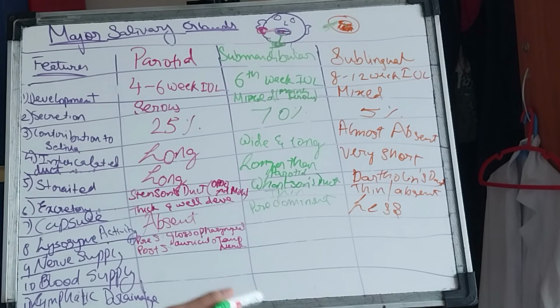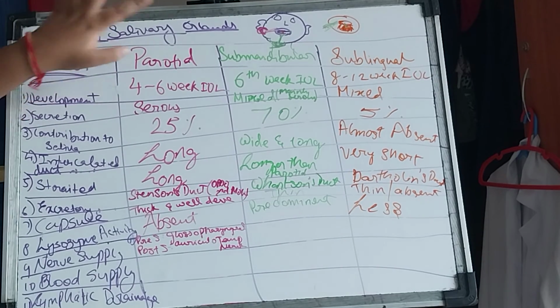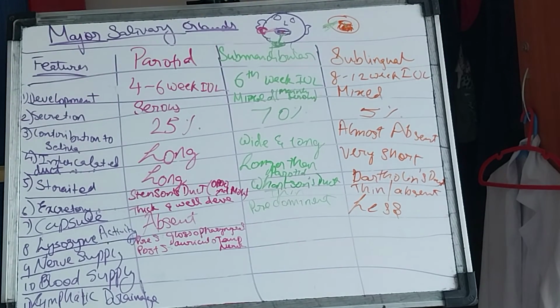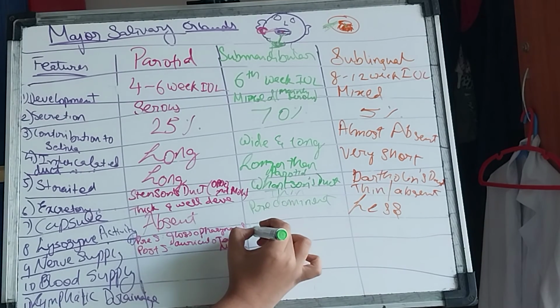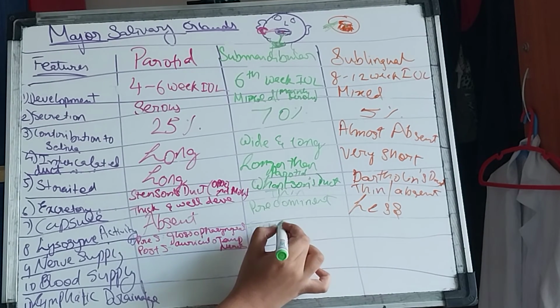But for the submandibular and sublingual, they have a common pathway, which is from the submandibular ganglion. So parotid has the otic ganglion, and submandibular and sublingual have a common submandibular ganglion. So what is the nerve that innervates the submandibular ganglion? It is the chorda tympani, the facial nerve's chorda tympani branch.